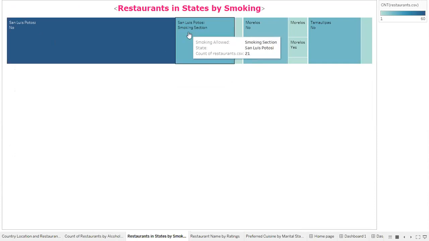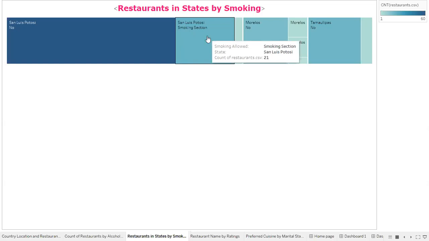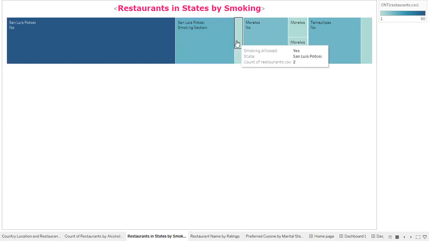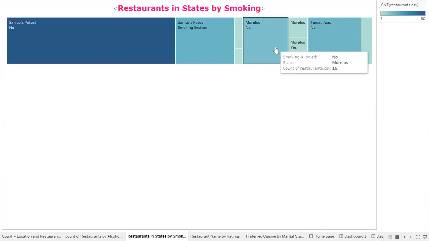But there is a smoking section in the same San Luis Potosí. 21 restaurants in that state have a section where you are permitted to smoke. And smoking is allowed in two restaurants in the same state, and smoking is allowed in one restaurant in the same state. So this is the data that has been visualized.